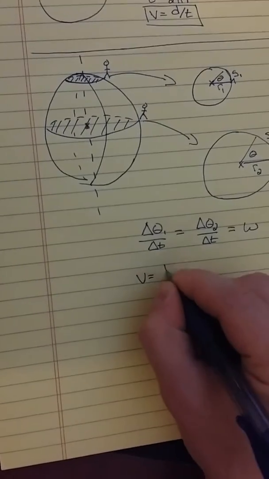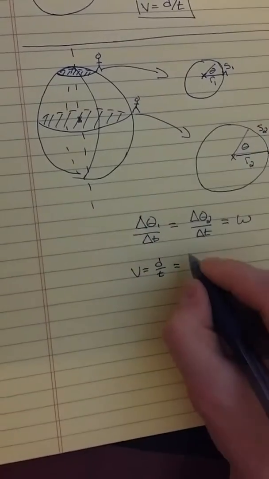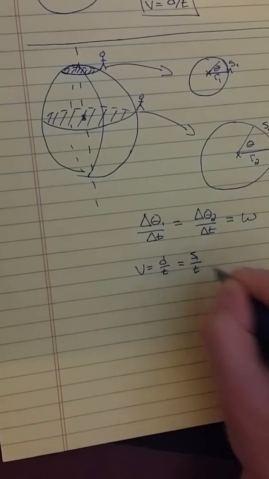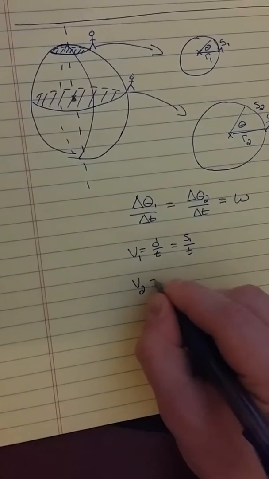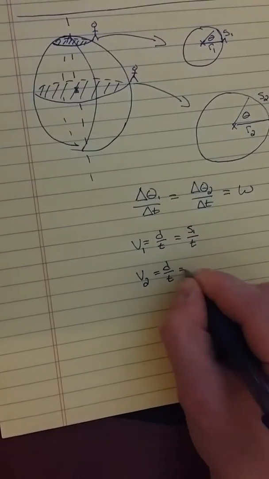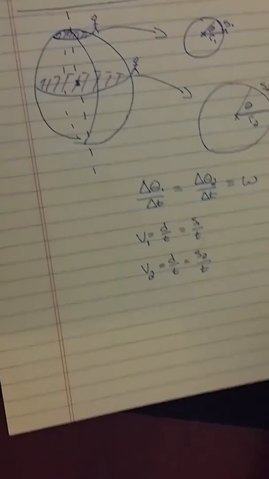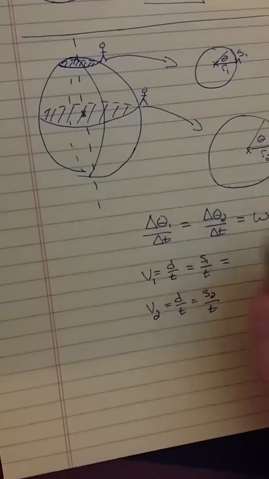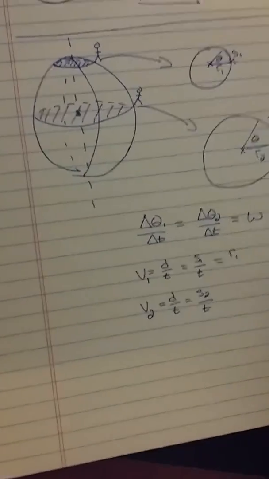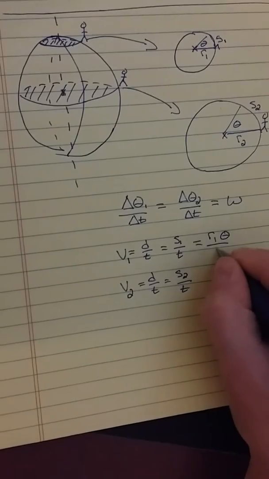So if you're on S1, velocity equals the distance over time. The distance in this case is going to be S1 over time. I'm going to call it V1. And for V2, distance over time, I'm going to call it S2. Okay? But what is S1? S1, as we've seen in our formula here, is r theta. So r1, and the theta we said is the same, right? So it's r1 theta, and that's over time.